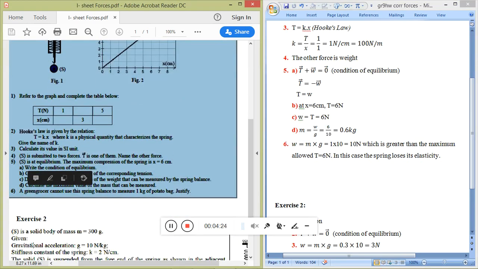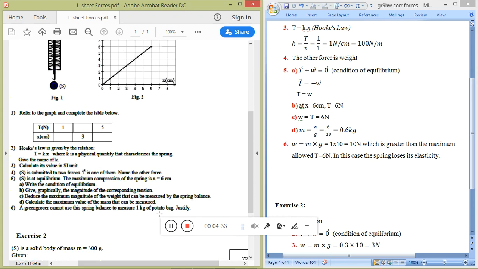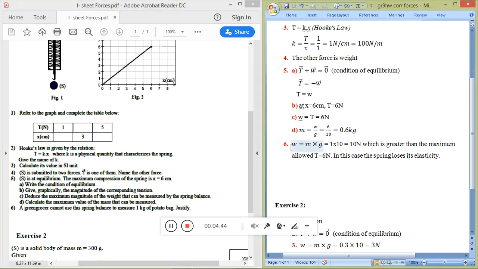Number 6, finally, the greengrocer cannot use this spring balance to measure 1 kilogram of potato bag. Justify. So what does 1 kilogram of potato bag make for the spring? 1 kilogram of potato bag makes 10 newtons as weight. So weight equals mass times gravity.